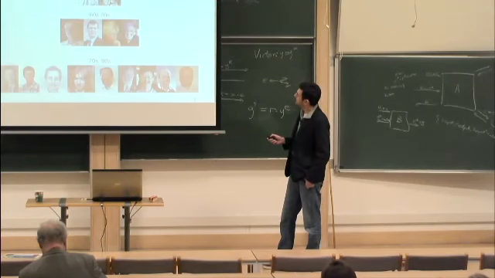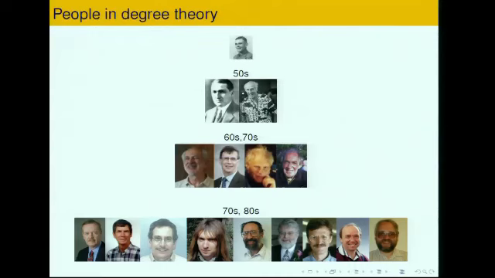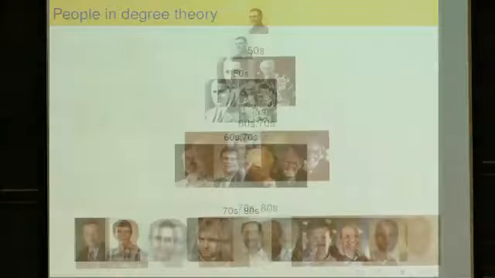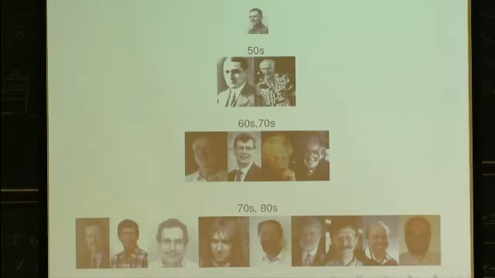So this is a collection of people who developed Turing degree theory up to the 80s. I haven't put everyone here, just a sample. Turing didn't define Turing reducibility. Post defined Turing reducibility, but he did define oracle machines.